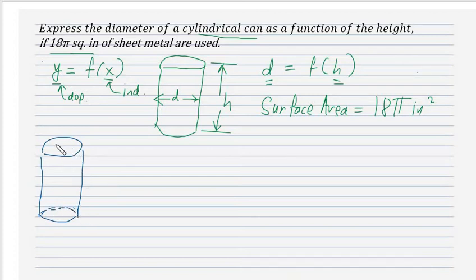So we have the first, second, and the third part. The first and the third part are circles, and then the second part is actually a rectangle. The body is actually a rectangle which was rolled to form a circle. So the surface area is equal to a rectangle plus two circles.